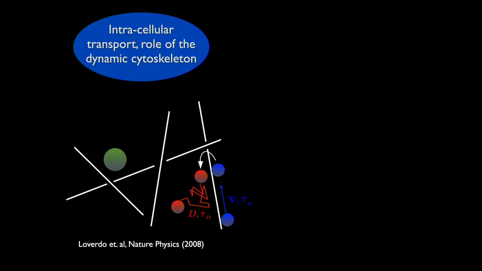So your actual process is, and this is very crucial, that any kind of transport inside the cell is not only diffusion or only moving with a constant velocity. You need both. Why do you need both? Suppose you want to reach the target which is at that end. If you had a constant speed, but your direction was different, you will walk in this direction and completely miss that spot.